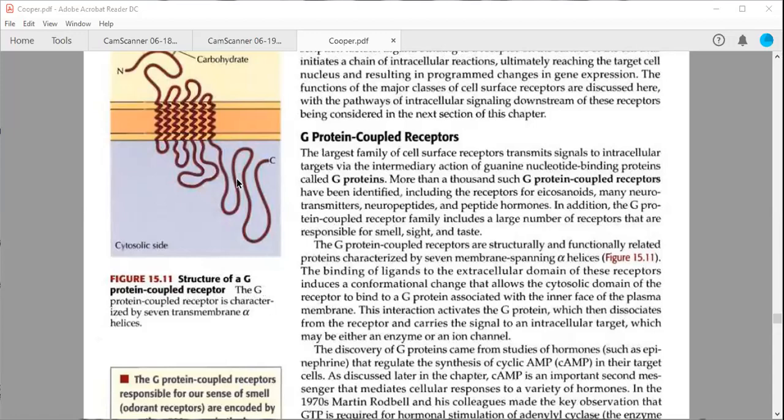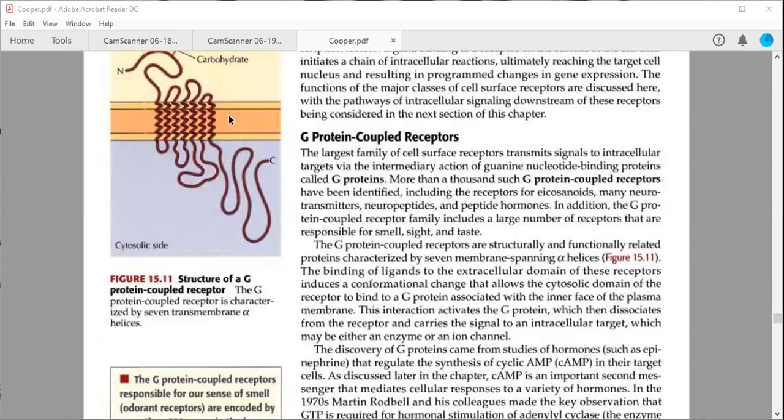If there is no conformational change, these specific amino acids or some portion of the protein is buried inside the protein, so the receptor is in its inactive state. So this is a kind of auto regulation in this kind of protein, so that it can be activated in response to the conformational change.